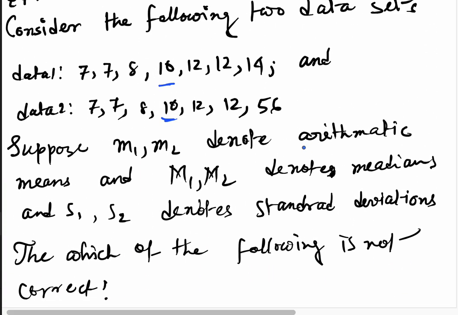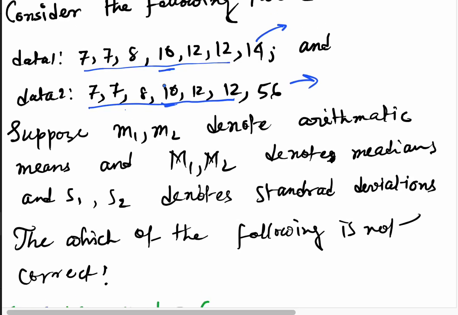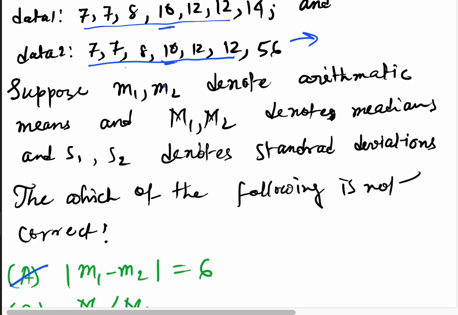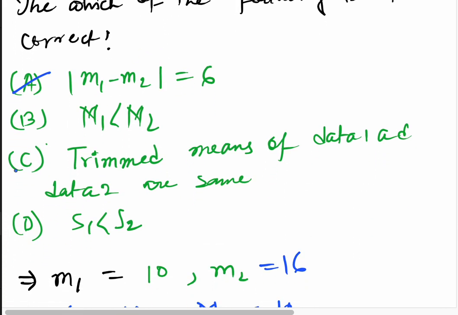So if you trim the extreme points, if you trim 14 from data 1 and 56 from data 2, the trimmed mean will be same because these two data sets will be same. So C is also true.